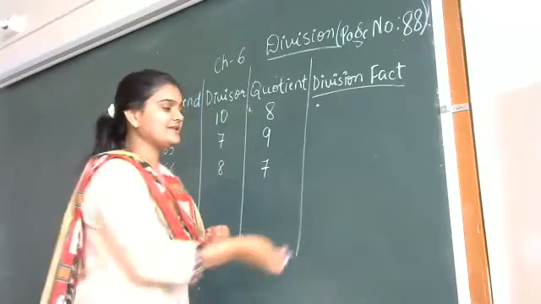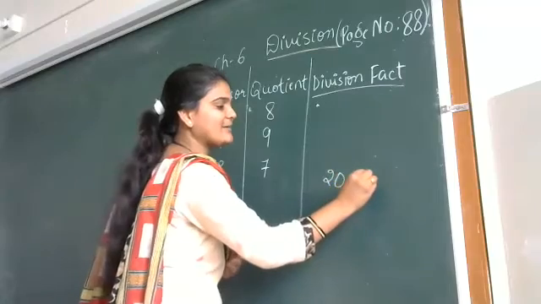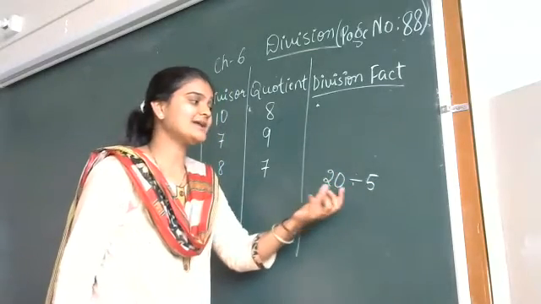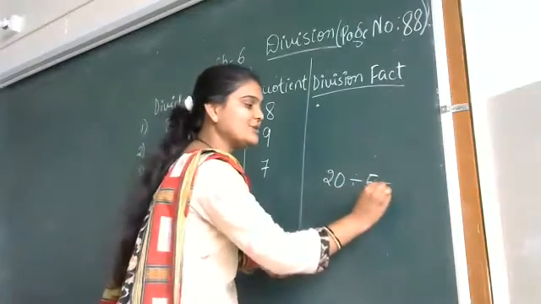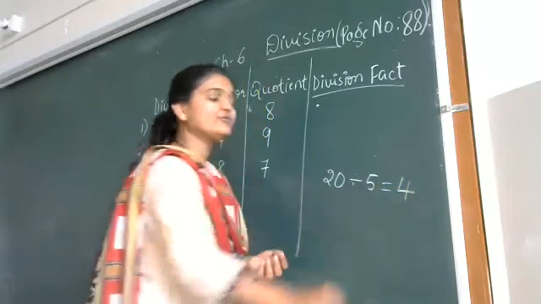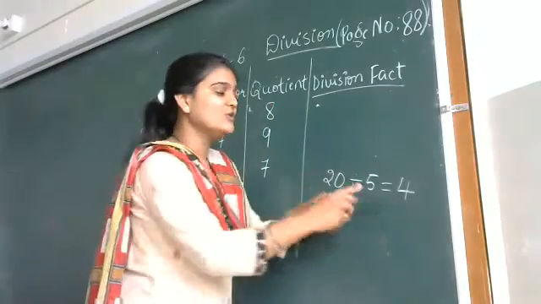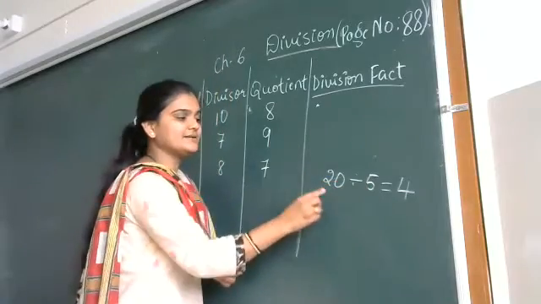As given, 20 chocolates are divided among 5 children. The answer you get here is 5 fours are 20. The answer you write at the end is our quotient. Tell me children, what is 20 here?